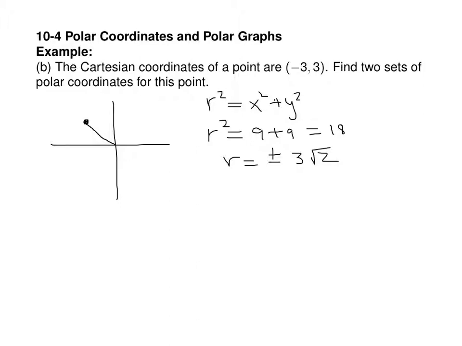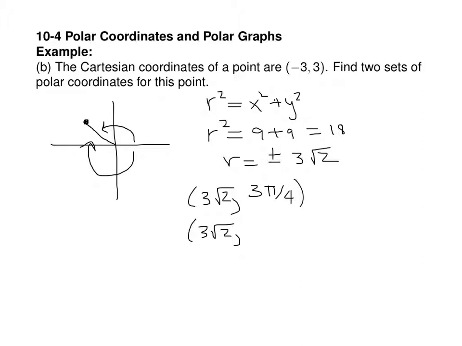Now if we use positive 3 root 2, then the angle to get to that point is 45 degrees past pi over 2, so that's 3 pi quarters. Now one other way to do that would be to have 3 root 2 and then go this other direction, clockwise, and that would be negative 5 pi quarters.